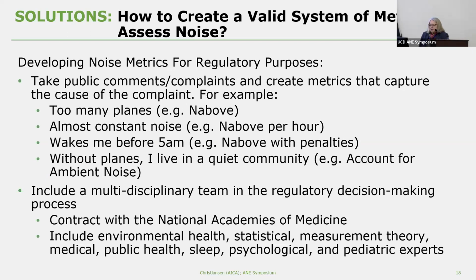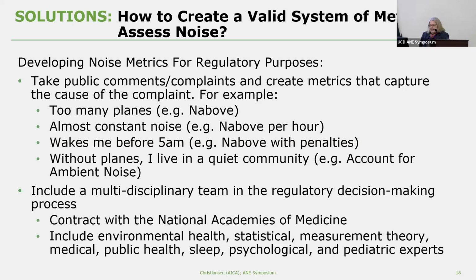Someone complains about almost constant noise. Think about N above per hour. Someone says it wakes me up every day before 5 a.m. Think about using N above with penalties for early morning noise. Someone says without planes, I live in a quiet community. Think about accounting for ambient noise in the system of metrics.